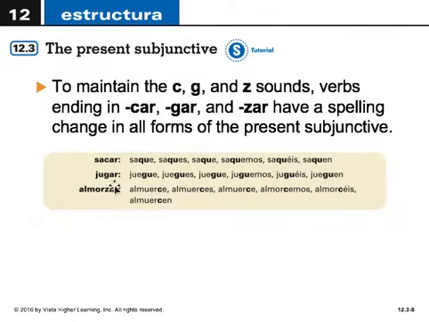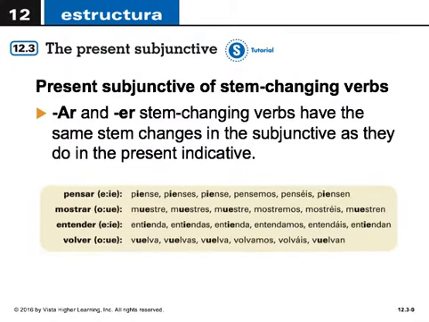Same thing happens with jugar: juegue, juegues, juegue, juguemos, juguéis, jueguen. As I said, it goes from a G to GU, and the reason why is to protect the sound. It would sound like jueje or something, which doesn't sound much like jugar. And the same thing happens with zar verbs like almorzar: almuerce, almuerces, almuerce.